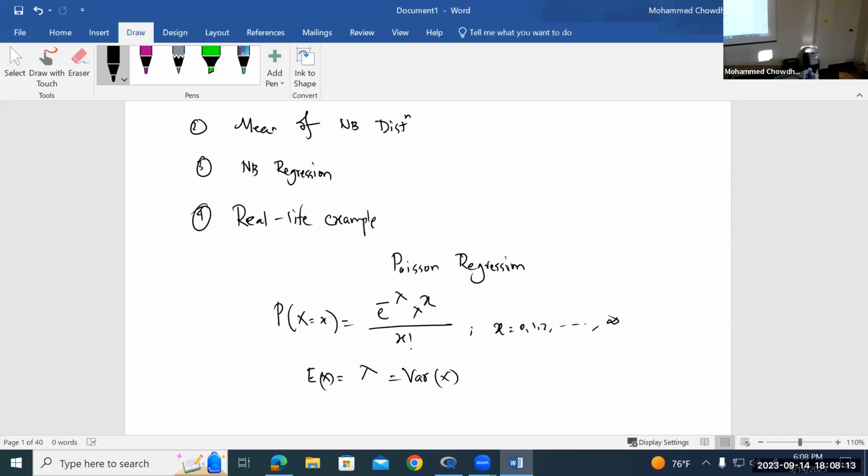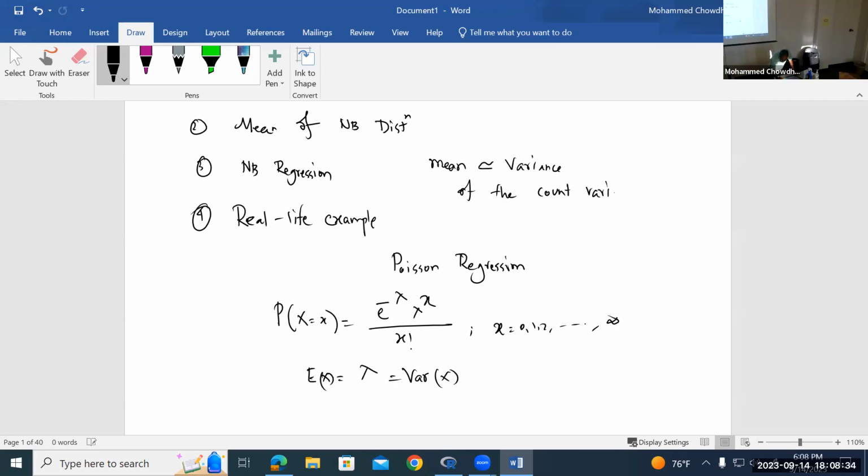So this number of births, if you find the mean and variance, and if mean and variance are approximately the same. Of what? Mean and variance of the count variable.